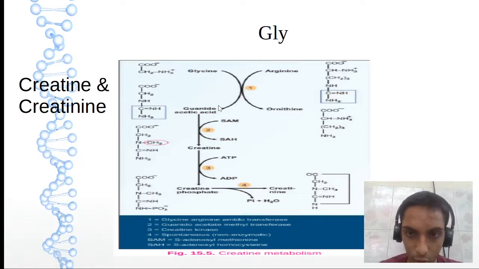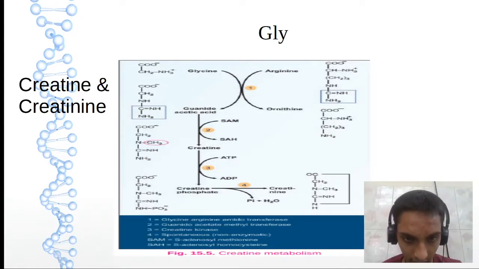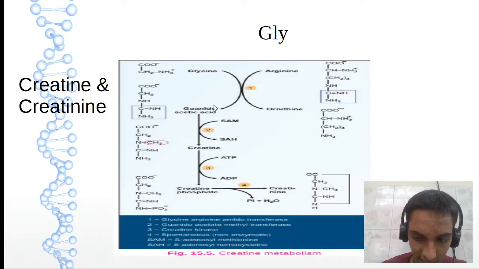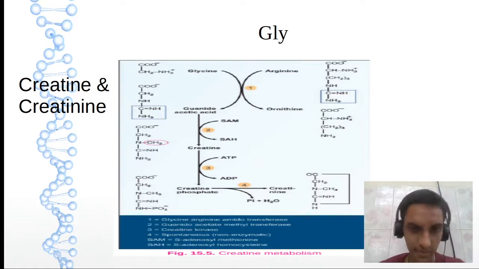We'll get guanidoacetic acid. That means the guanido group is donated by the arginine to the glycine. Then guanidoacetate, or guanidoacetic acid, on methyl transferase. Remember, whenever methyl transferase comes, please mention SAM to SAH, that is S-adenosyl methionine to S-adenosyl homocysteine. That forms creatine.